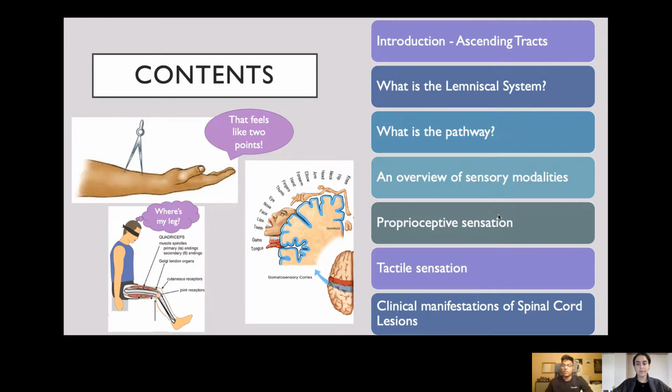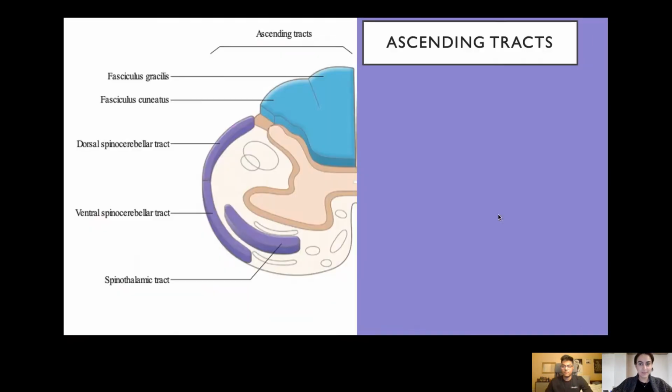We'll also be going through the spinal cord lesions, which, as you know, is quite important when considering the clinical impact of these lesions in this tract. And that's also why you really need to know about the theory of this system.